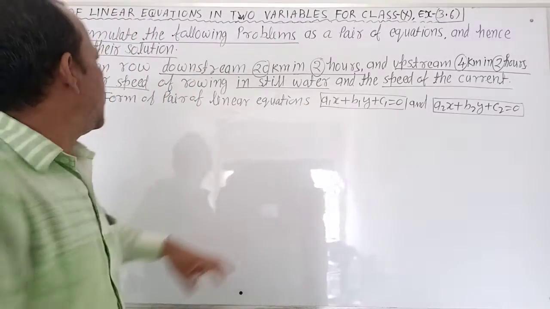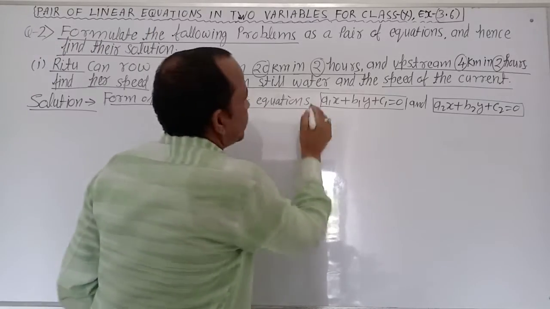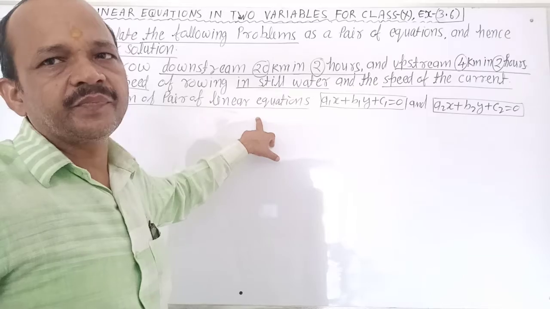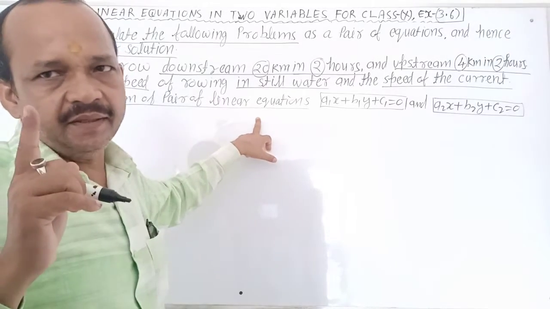It is the form of pair of linear equations in two variables. Clear?